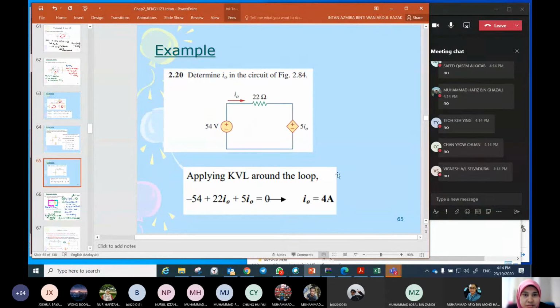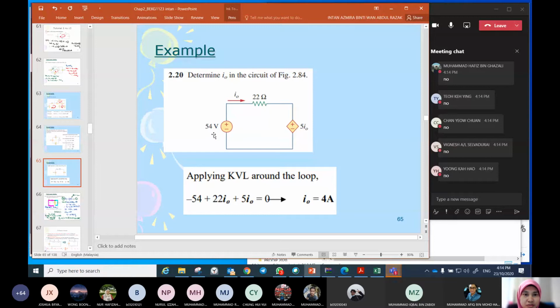Now we go to the last example, I think, of basic KVL, for determining I naught. We can apply KVL in the loop.